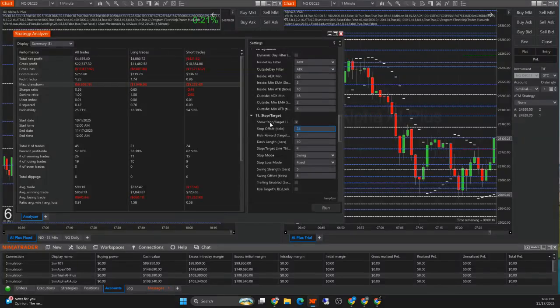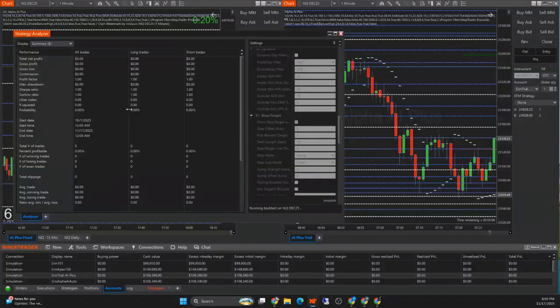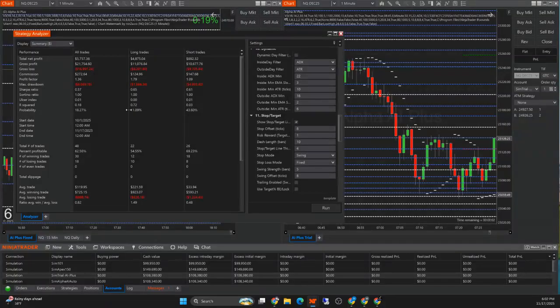So if you make this 8 ticks, because we're using swing 5, I don't want 24 ticks of offset. Let's see. This is actually still high, $5,000, $6,000 profit. Let's see if you make this 2 to 1.